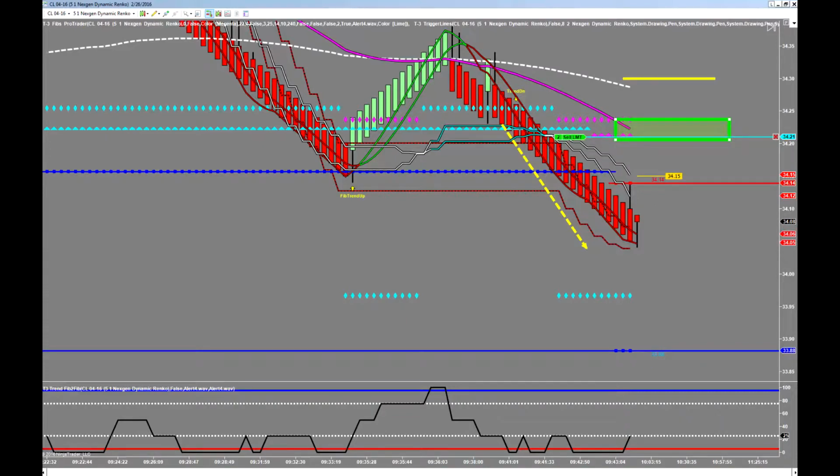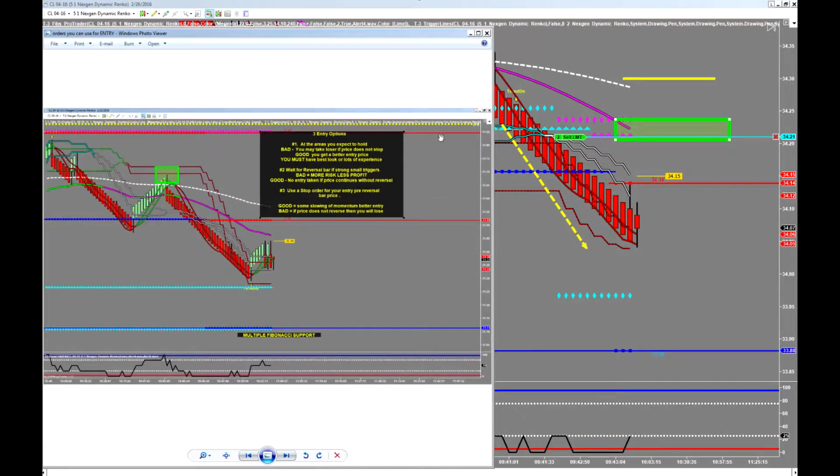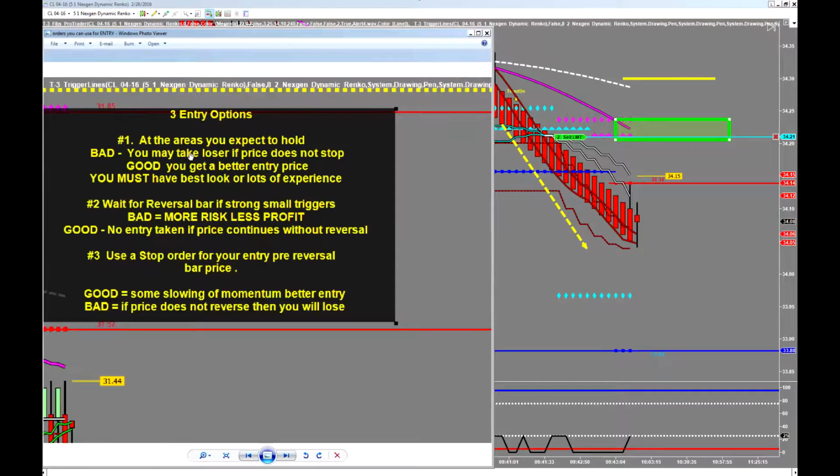Whenever we talk about the different ways to get in, this is a picture that we made the other day. You can get in at the areas you expect to hold, and the bad side of that is if it goes through it, you're going to take a loser.